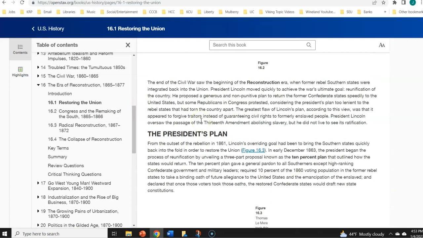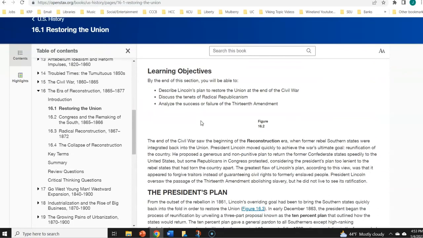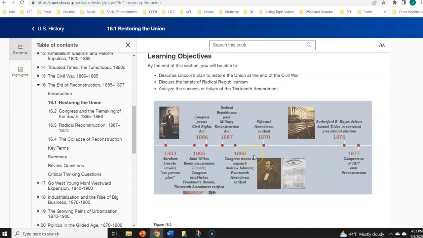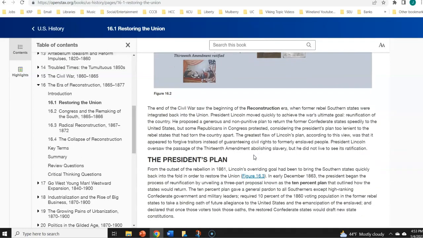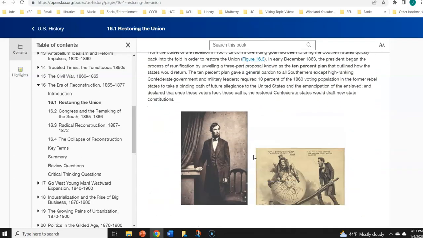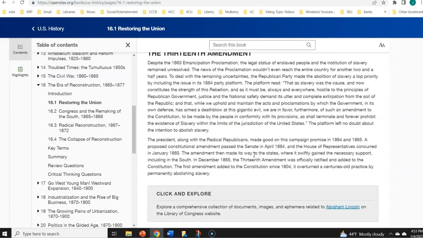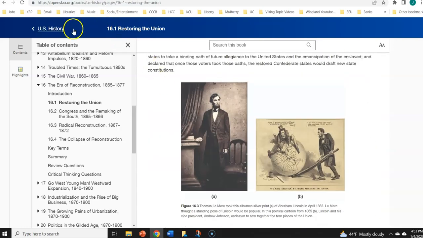It's free. It's all online. You don't have to haul your book around. So here you see the images loading now. And you see Abraham Lincoln. You see 13th Amendment and so forth. So that's your reading for week 1. Okay? I hope that's clear.